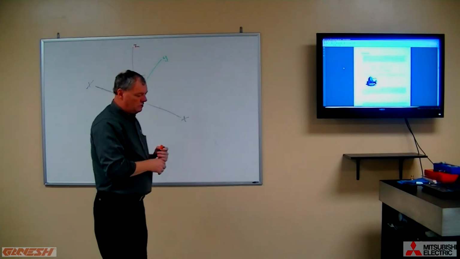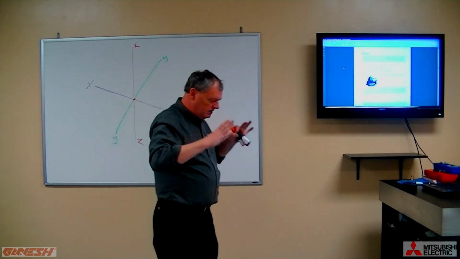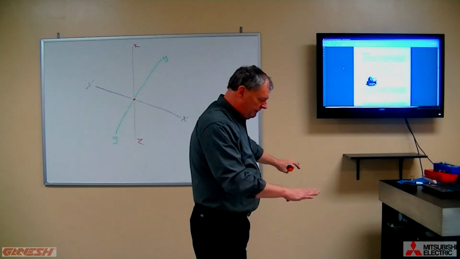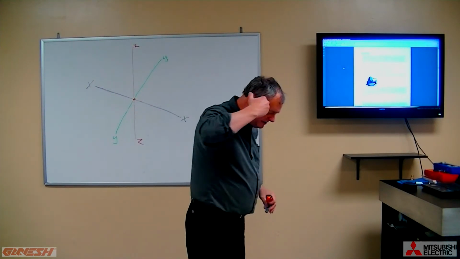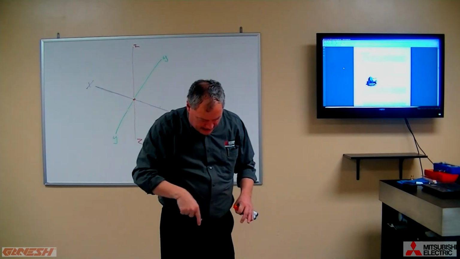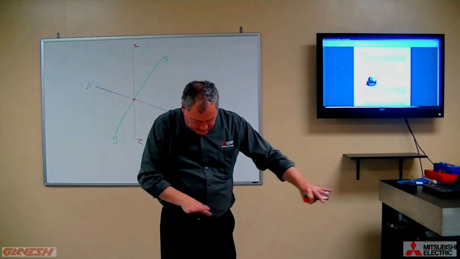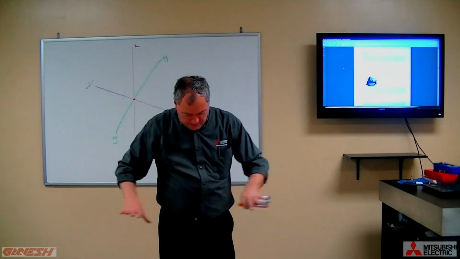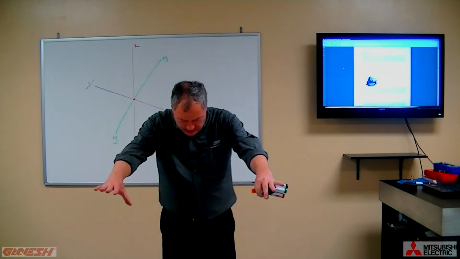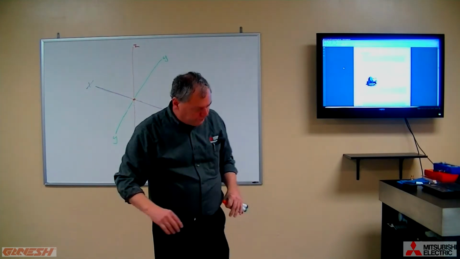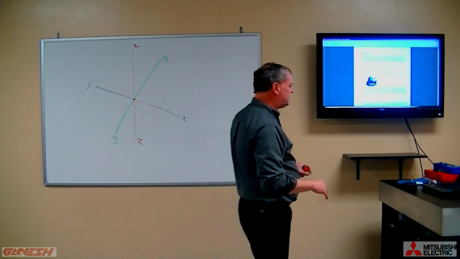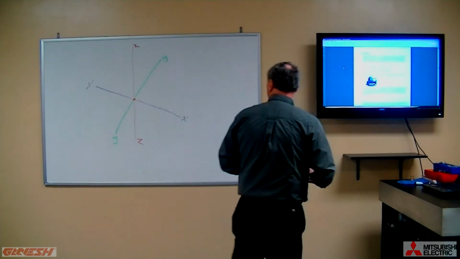So let's for the moment just picture a 2-dimensional movement of our machine. Let's just imagine our head looking down on the table, and the table moving from left to right and up and down. It's going to be a 2-axis view of the table.